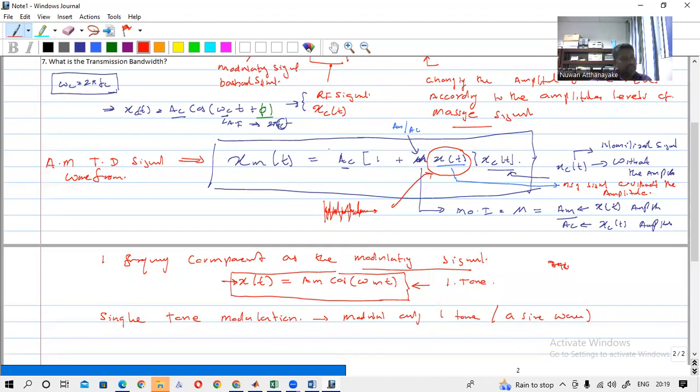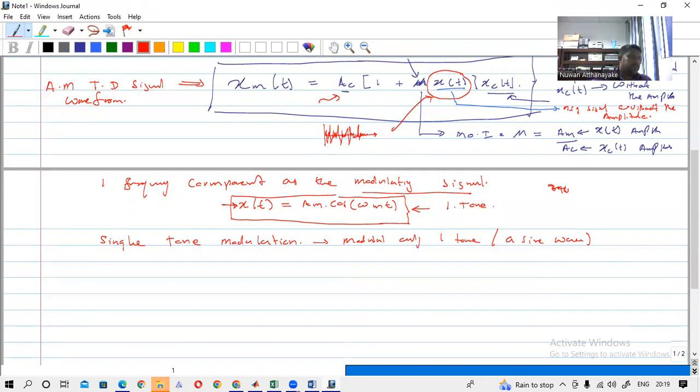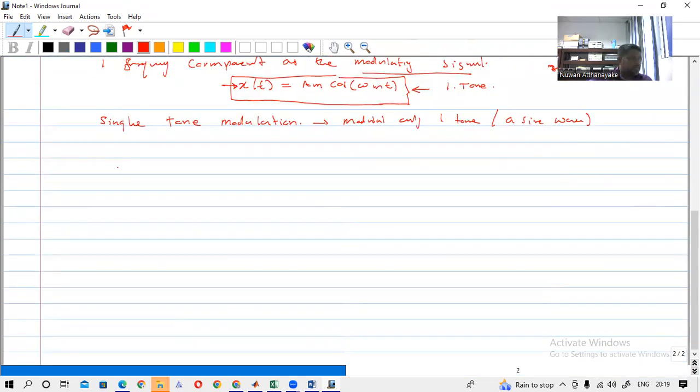So I have to apply them here. xm t is equal to Ac times 1 plus mu xt, times xc t.